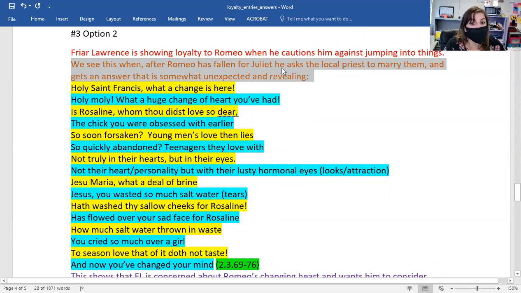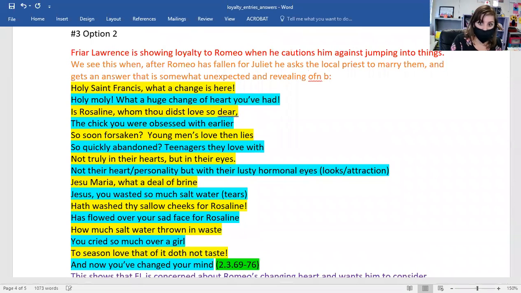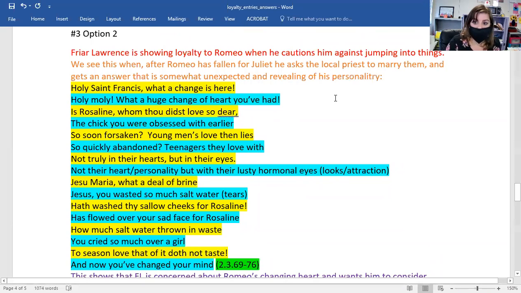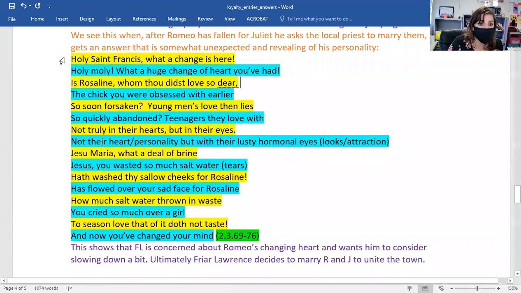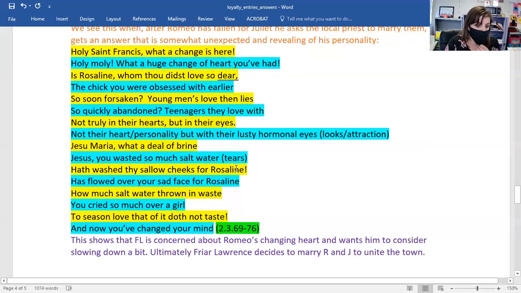Well, we see this when, after Romeo has fallen for Juliet, he asks the local priest to marry them and gets an answer that is somewhat unexpected and revealing of his personality. So just notice that I'm giving a little bit of detail so that the person goes in knowing what to expect, but not having the quote given away.